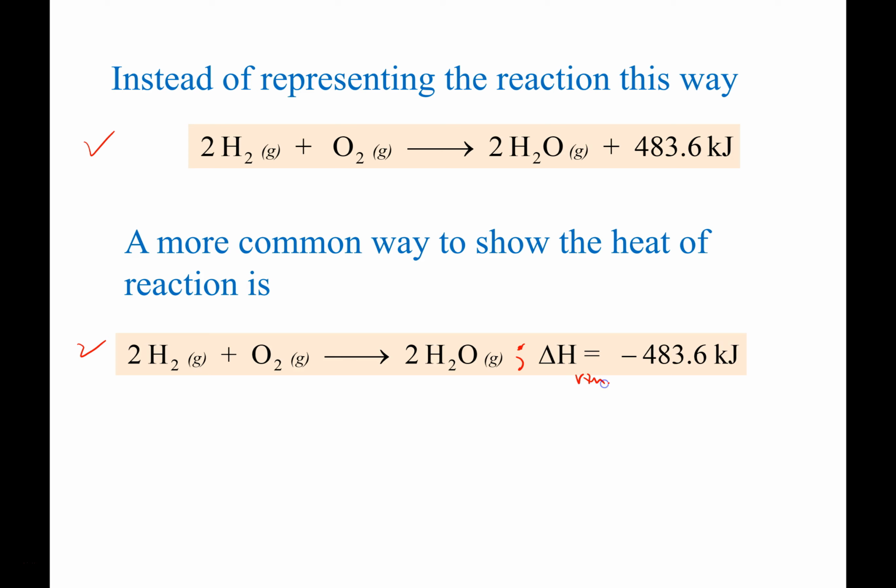Notice that a few slides ago we said if it's exothermic, your delta H will be negative, and that's exactly what you're seeing. If it had been endothermic, my delta H would have been positive. So it's negative because it's exothermic.